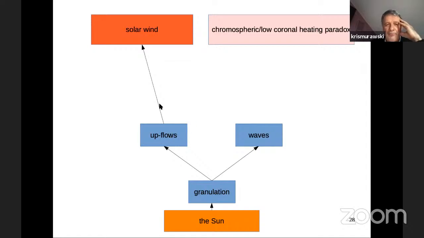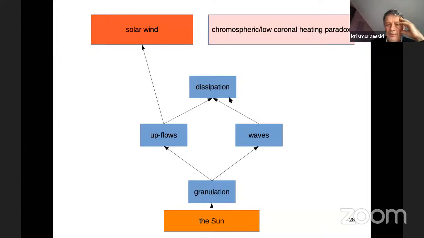Upflows have a chance to generate the solar wind high up. Still, we have not made the corresponding simulations. We see some acceleration, but it's not yet in one-to-one agreement with observation, with the model of Parker, say. And it's good that both upflows and waves dissipate their kinetic energy in the form of thermal energy.